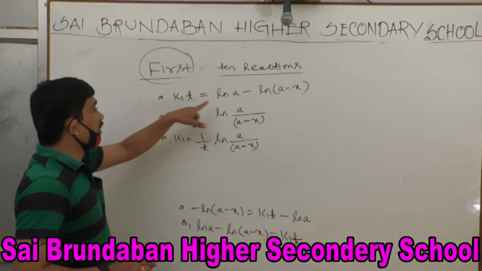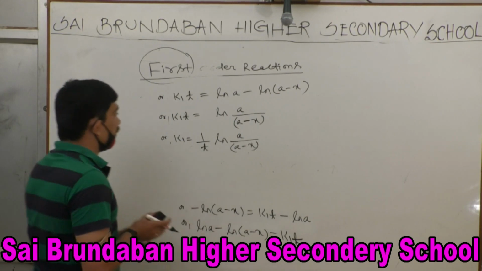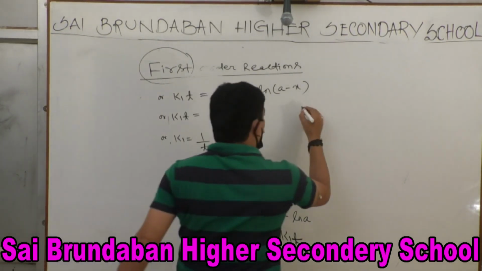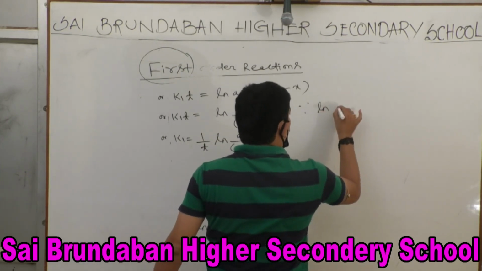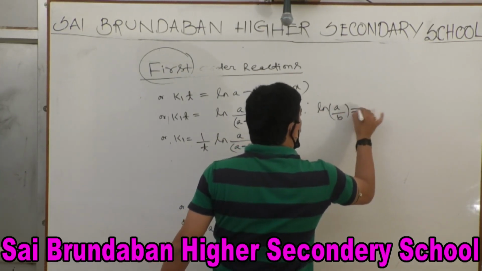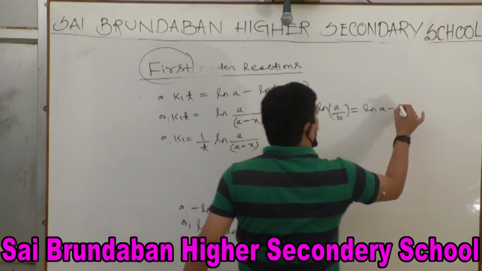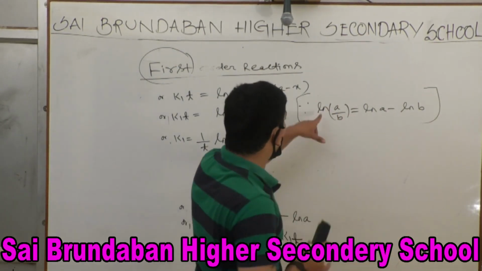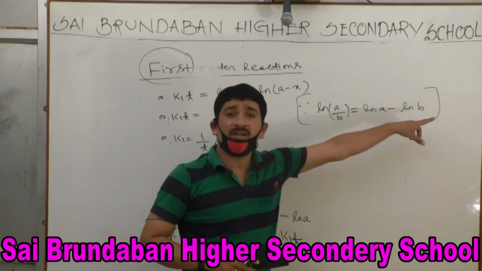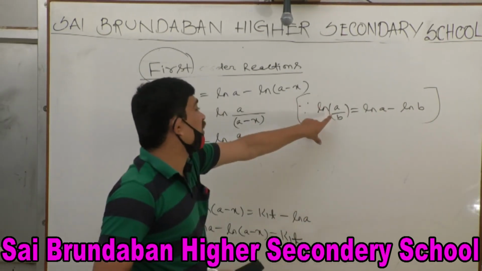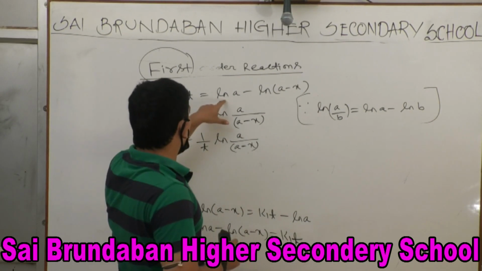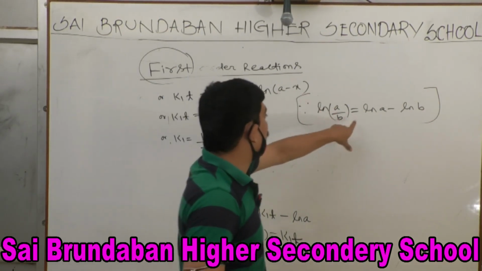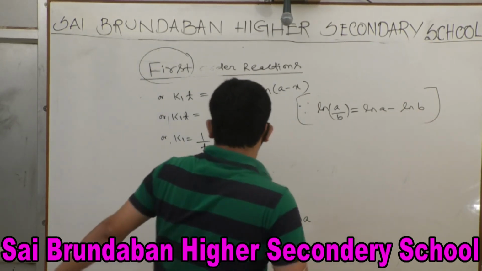Look at K1 t equal to ln A minus ln (A minus X), which gives K1 t equal to ln of A by A minus X. What is the formula? We know that ln a by b equal to ln a minus ln b.